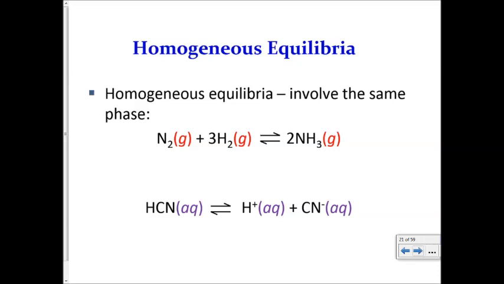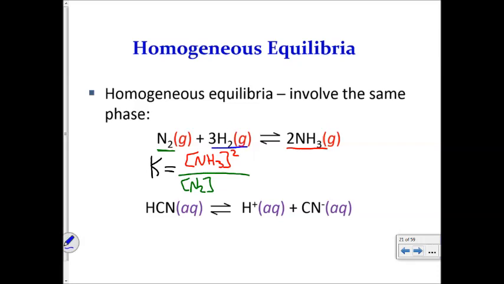Now if we were to write out the expression, remember K is going to be the products. So I would put in my ammonia, raise it to the 2nd power, right? Over the reactants, my first reactant, nitrogen. It has a coefficient of 1, so I don't have to raise it to the 1st power.